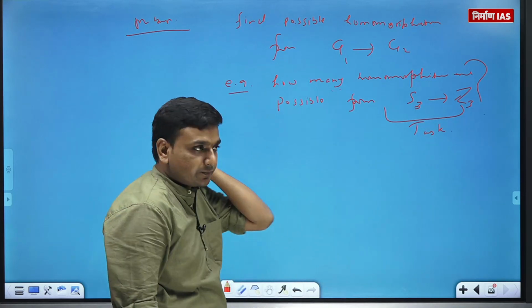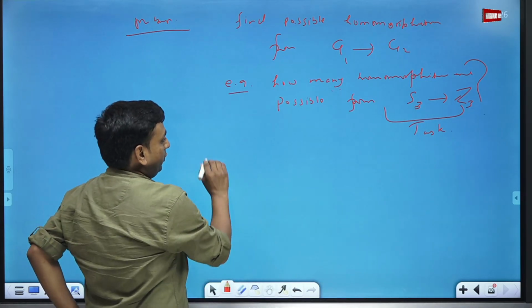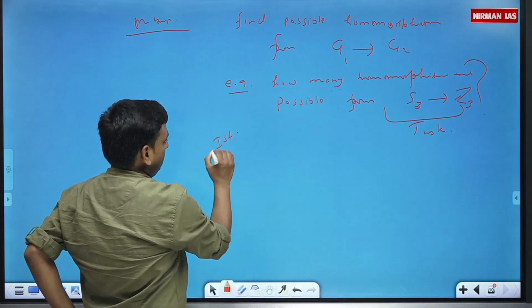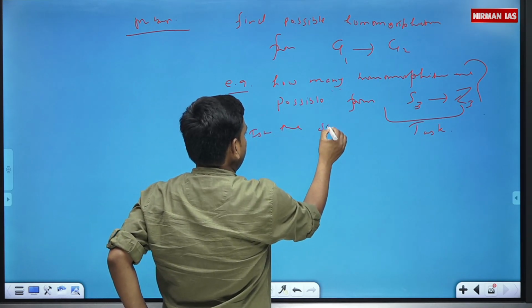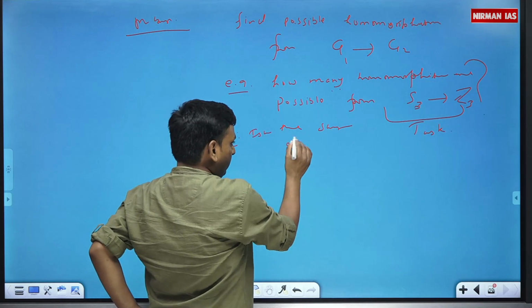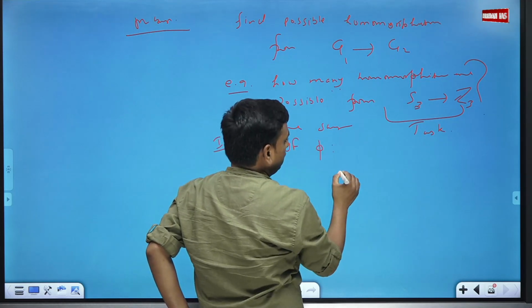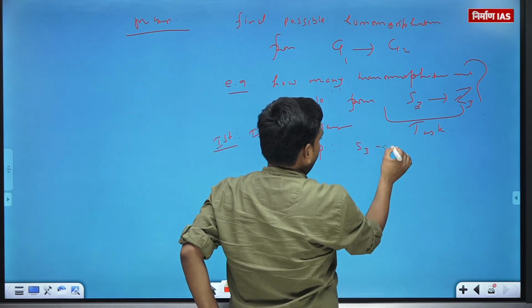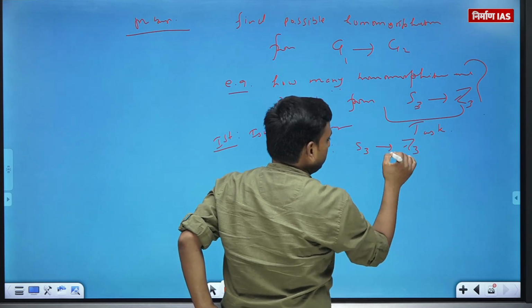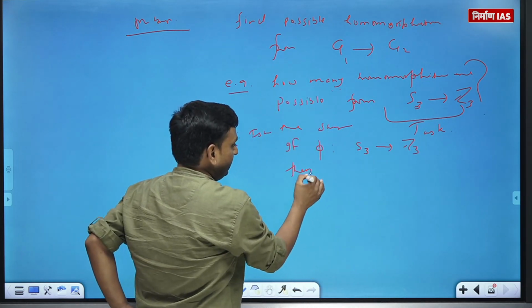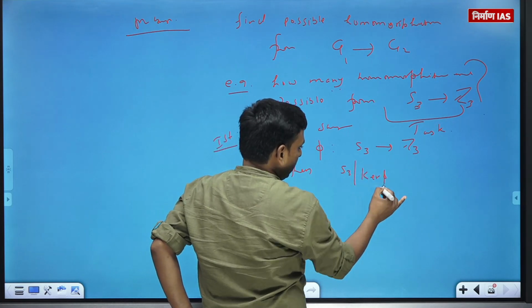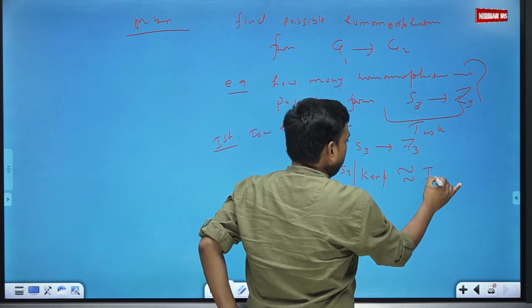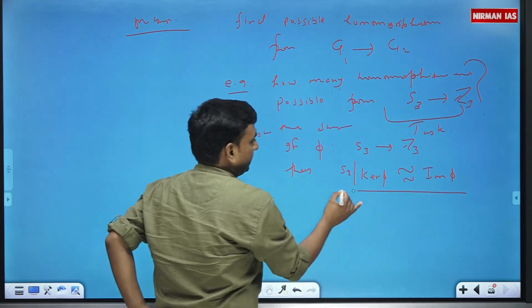Okay dear. So what my first isomorphism theorem says: if phi is a homomorphism from S3 to Z3, then S3 mod ker phi is isomorphic to image phi.